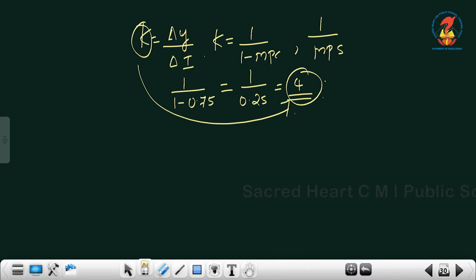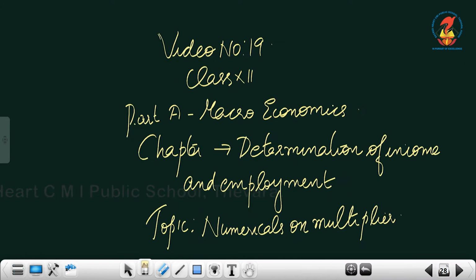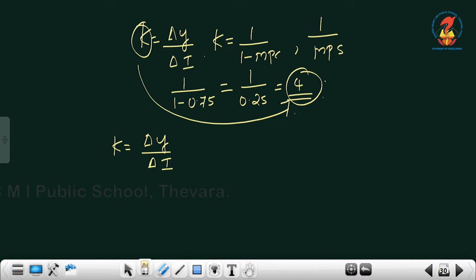Now, you can write the equation again. K is equal to delta Y by delta I. Now, you have to find out delta Y, isn't it? So, for that, you write the equation K is equal to delta Y by delta I, in which you know the value of K, that is 4 is equal to delta Y, which you don't know, divided by delta I. What is the value of delta I?